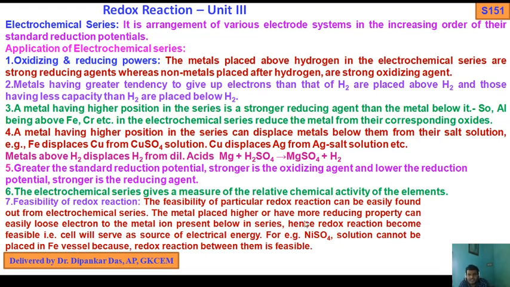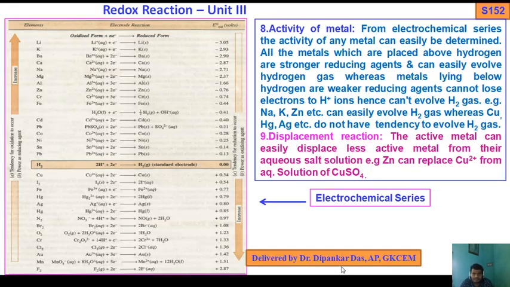The metal placed higher, with more reducing property, can easily lose electrons to the metal ion present below it in the series. Hence, redox reactions become feasible, that is, the cell will serve as a source of electrical energy. For example, nickel sulfate solution cannot be placed in an Fe vessel because a redox reaction between them is feasible.